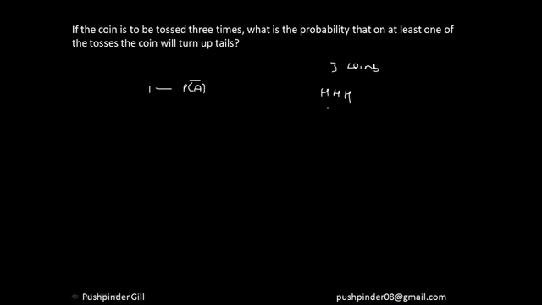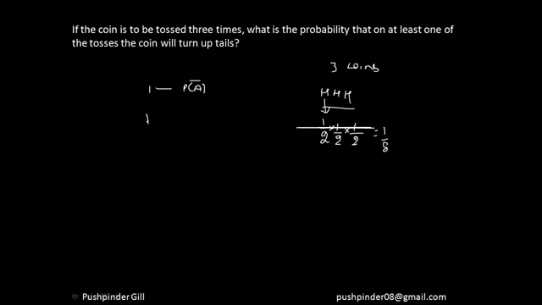So that means I have found one case which does not apply to that condition, and if I subtract it from 1, I can get the probability of getting at least one tail. So what is the probability of getting 3 heads? The probability of getting 1 head is 1 by 2, because out of head and tails, head can come. Similarly, the probability of getting the second head is 1 by 2, and the probability of getting the third head is 1 by 2, which is nothing but equal to 1 by 8.